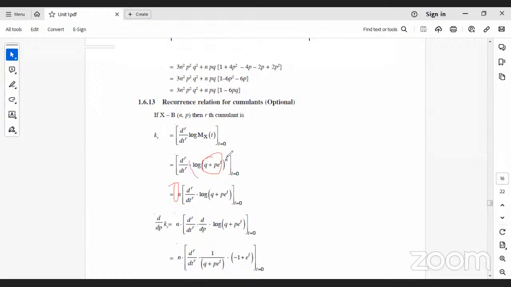Here n is there. See here. Correct? Yes, sir.